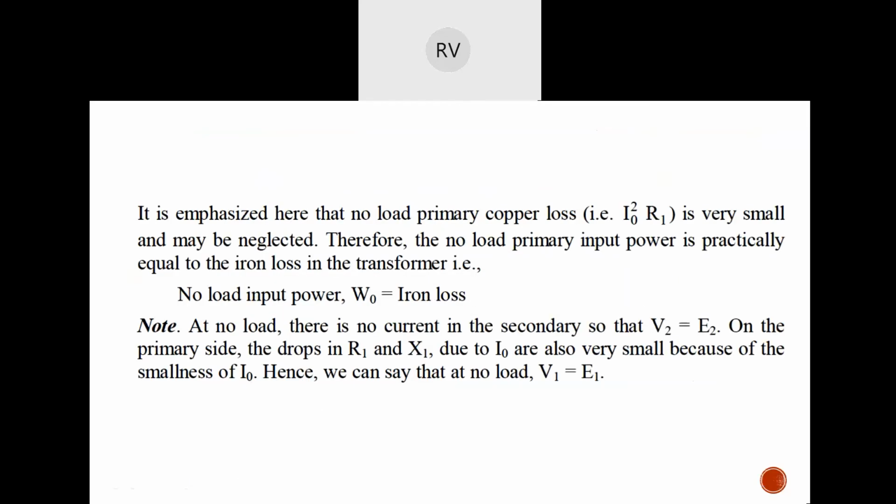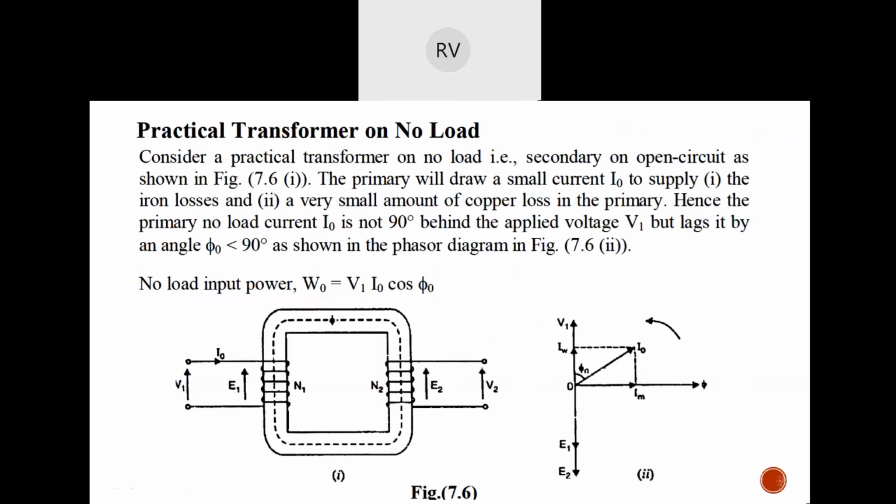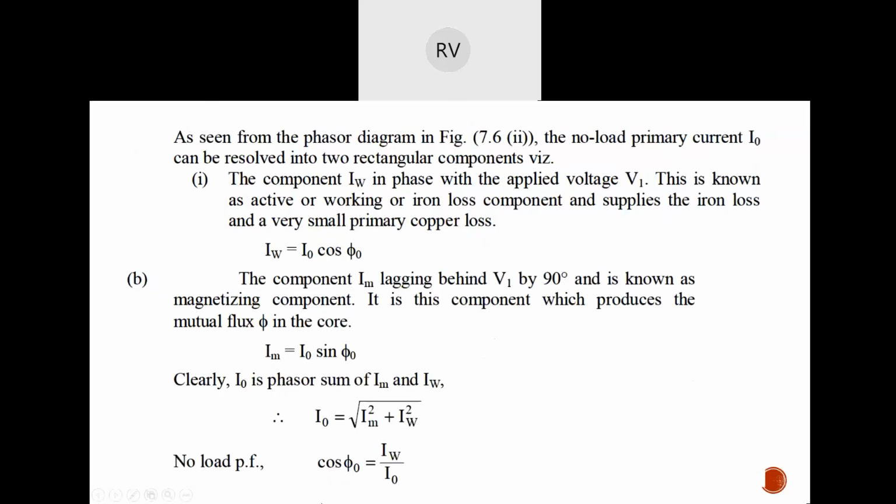Here we have another component. If you take the X component and Y component, the Y component is the active component or iron loss component, which feeds the iron losses of the machine, whereas Im is the X component, which is exactly 90 degrees away from the applied voltage. This component is called the magnetizing component, which will produce the mutual flux in the core.